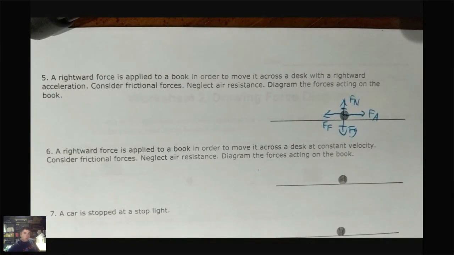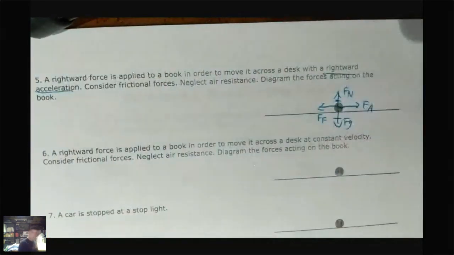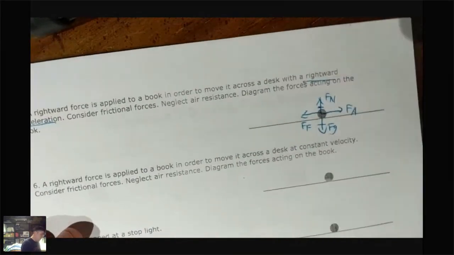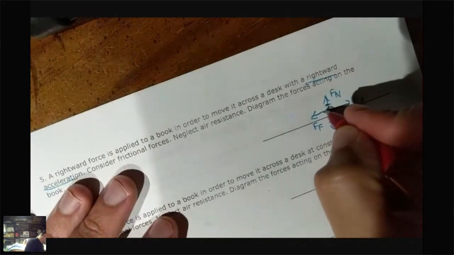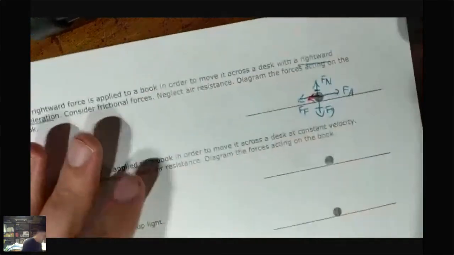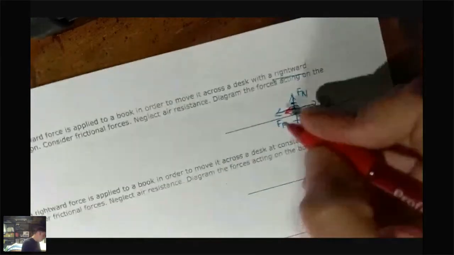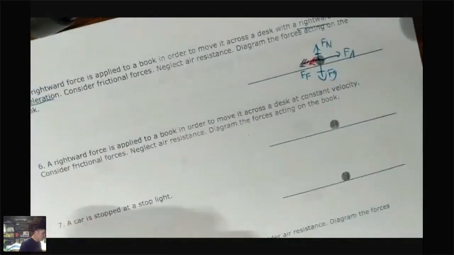Now, there's one more claim we can make about this, because we know we are accelerating to the right. This means that, yes, the applied force needs to be bigger than the force of friction. So really, had I drawn this right, let me get a different color here, the friction arrow should be significantly shorter than the applied force. So I shouldn't have done that. I should have had it just be short like that.